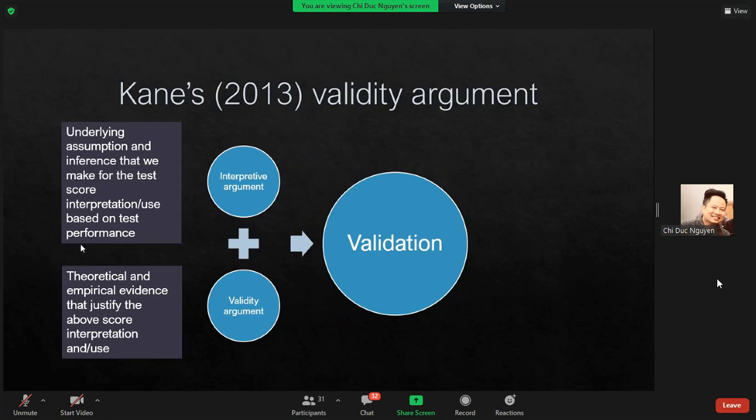Okay, so those are the two things that we need to do. The first one, we need to spell out all the assumptions that we may have in order to go from the test score to the final decision. And after that, we have to collect the relevant evidence in order to justify, qualify and verify the assumption, or in very plain language, to double check the plausibility of this assumption.